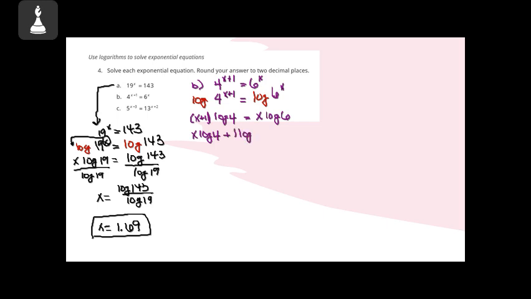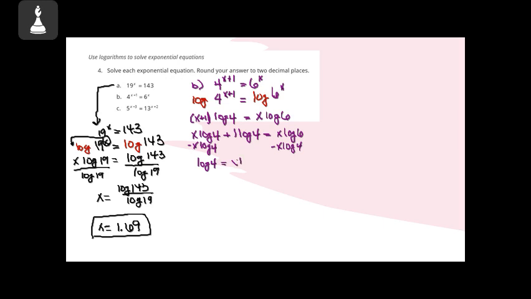Okay, I need to get the x pieces on the same side, the numbers on the other side. So I'm going to move this x log 4 to the other side by subtraction. So 1 log 4 is just log 4 equals x log 6 minus x log 4.